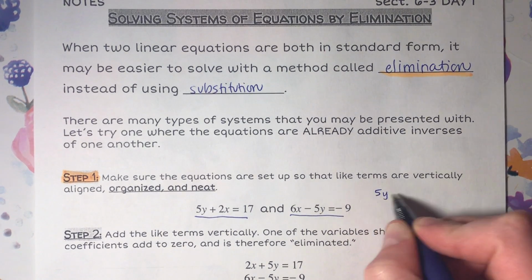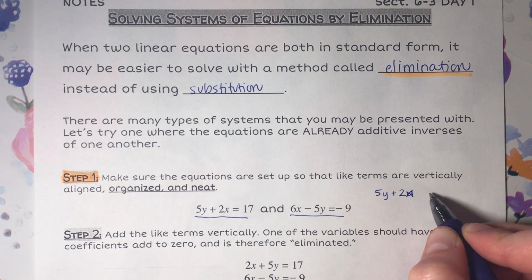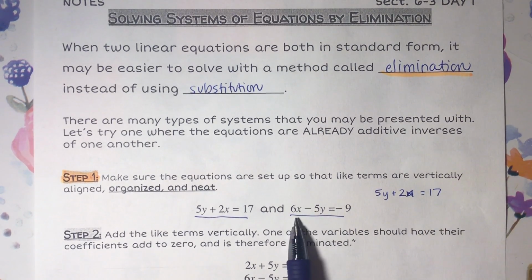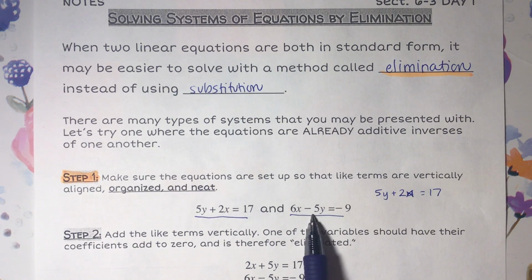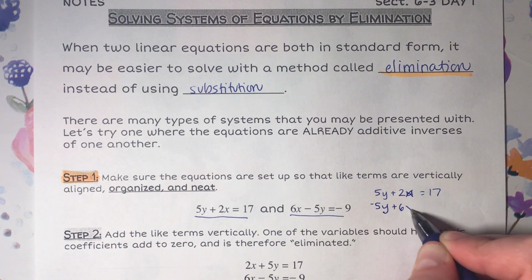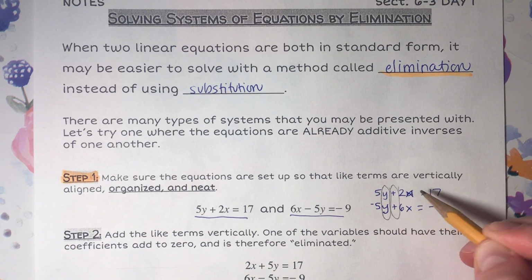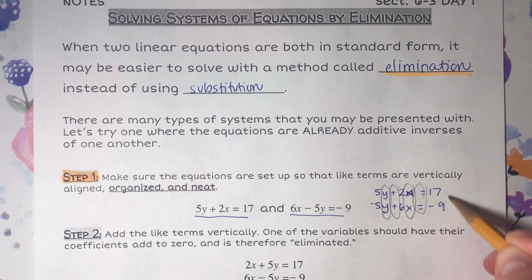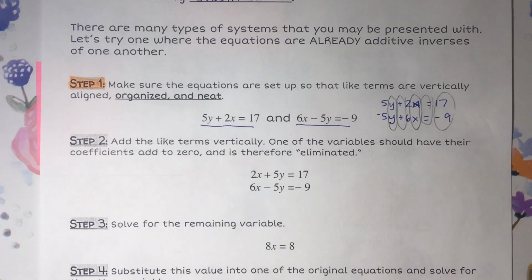I have 5y plus 2x, whoops, that should be 2x, is equal to 17. Then I have 6x minus 5y is equal to negative 9. I want to write this in the order to where it will line up. So I'm going to have negative 5y plus 6x is equal to negative 9. So notice the y's are aligned, the pluses are aligned, the x's are aligned, the equals are aligned, and the plain numbers are all aligned. So I have that set up in step 2.